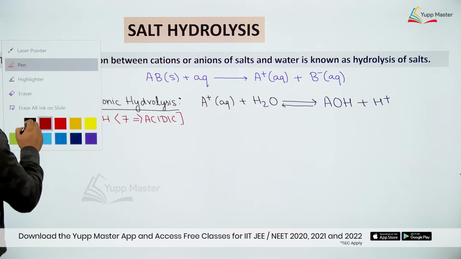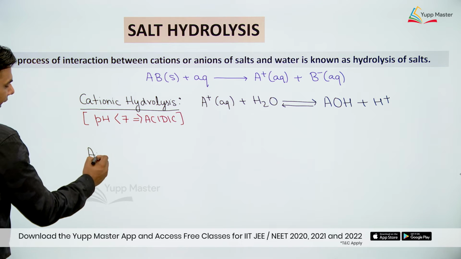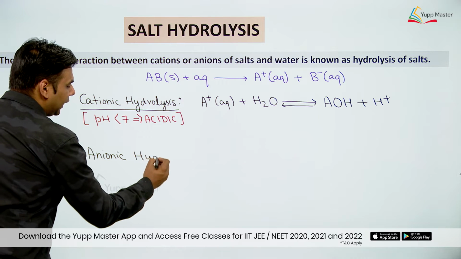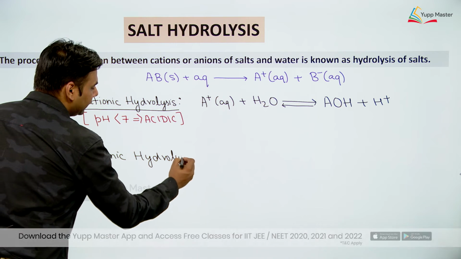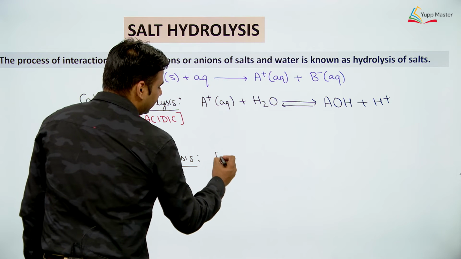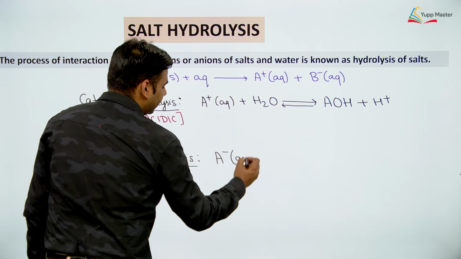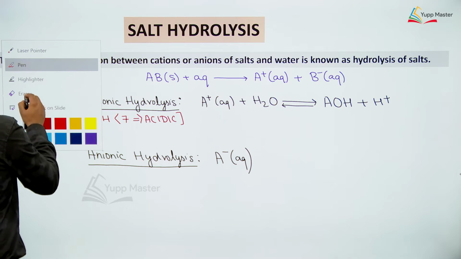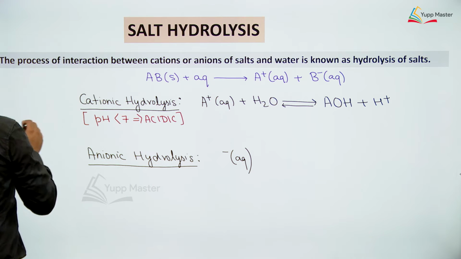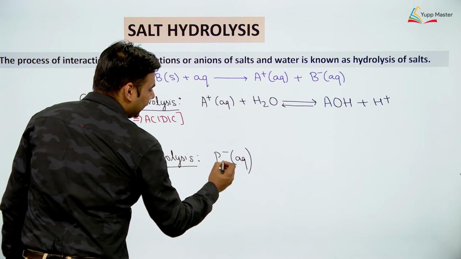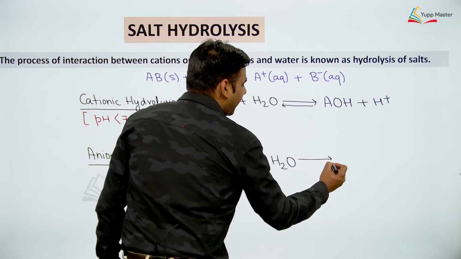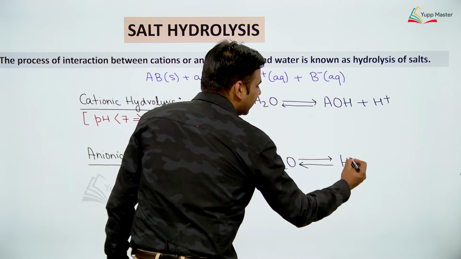Now let us look for the same for anionic hydrolysis. Now similarly, the anion also gets solvated by the water molecule. Now because anions have negative charge, they can attract the positive part from the water, that is it can attract H plus of the water and it can form HB plus OH negative.